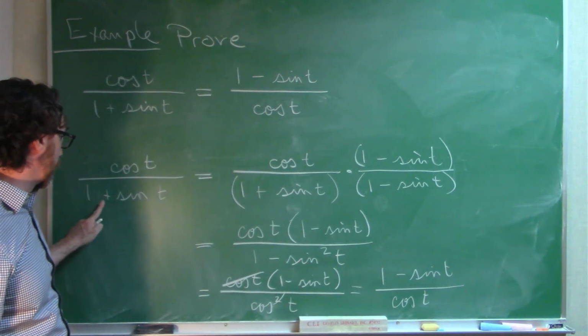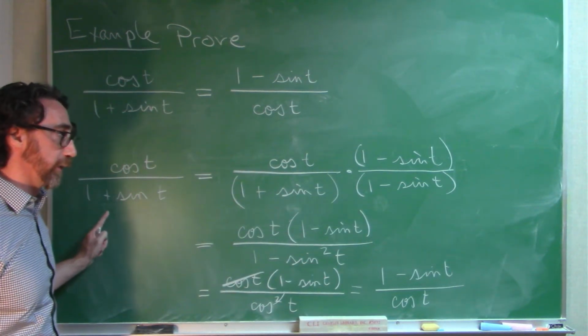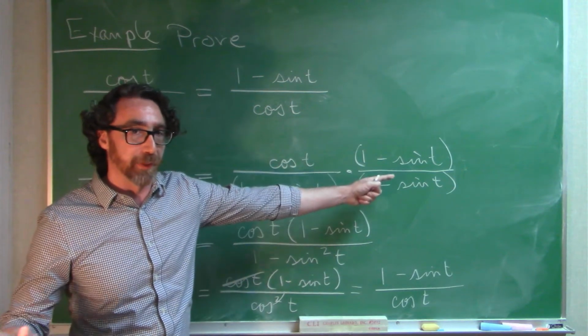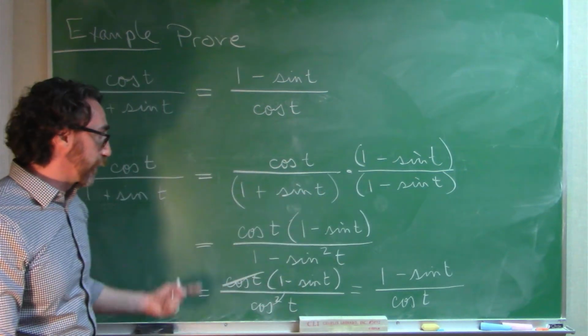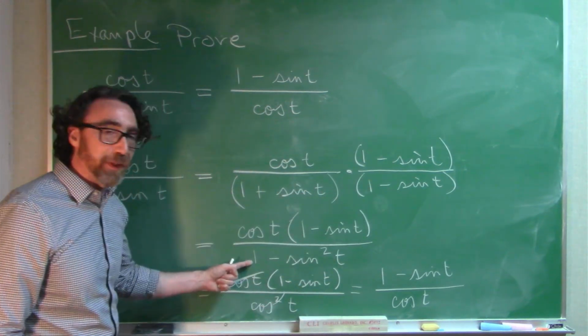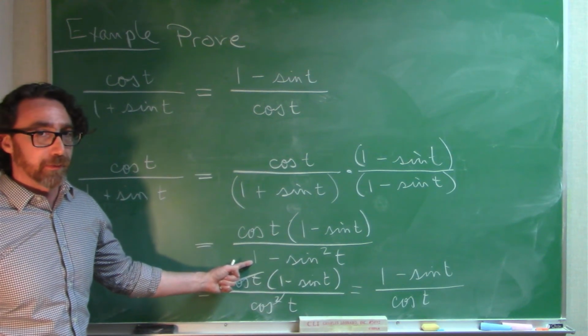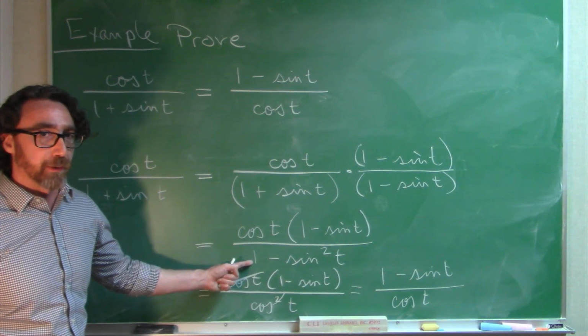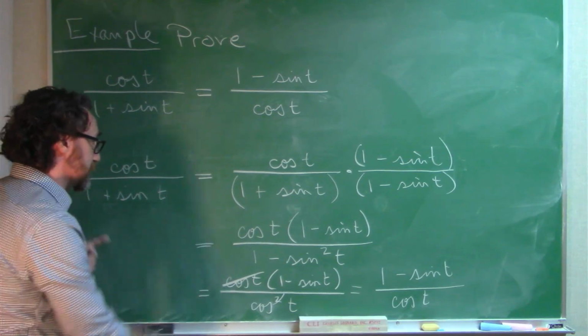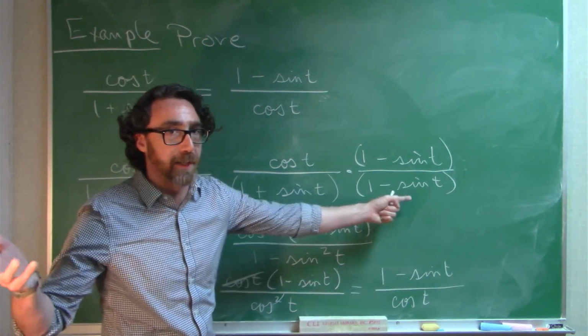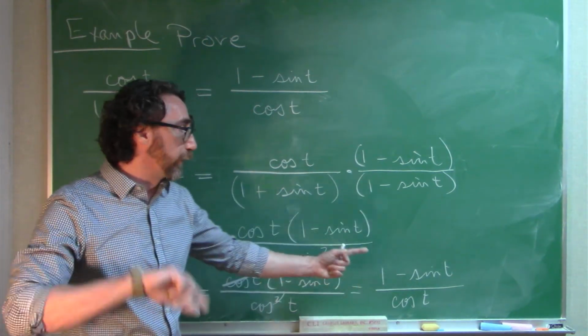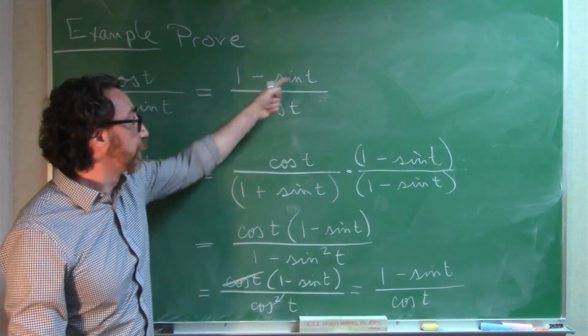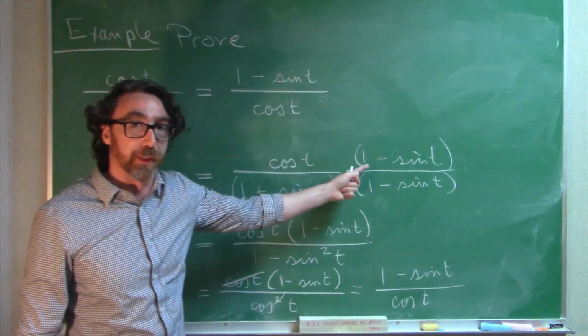Okay, now you gotta make a nice choice here. You can't just multiply willy-nilly by anything, okay? The thing that we were relying on is getting the Pythagorean identity to apply to that denominator. Okay, there's a reason I started with 1 plus sine t, there's a reason I chose 1 minus sine t. One of the reasons is that factor was up here, so I threw it in there.